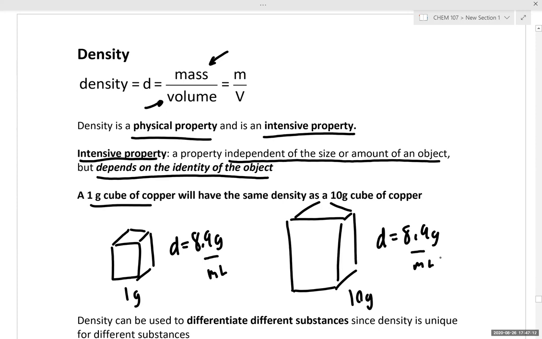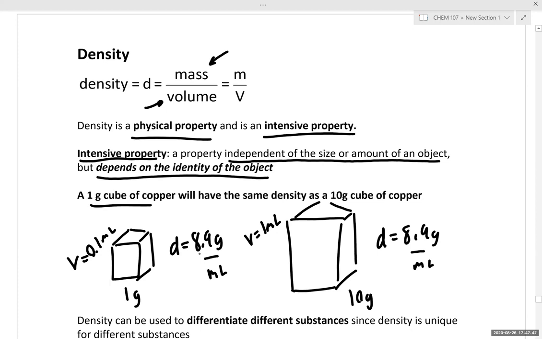That's because the more of an object you have, the greater the mass that you will have in total for that object. So this 1 gram cube of copper would have a volume of 0.1 mils, roughly. The 10 gram cube of copper would have a volume of around 1 milliliter. As we notice, as we increase the volume of our object, the mass increases proportionally.